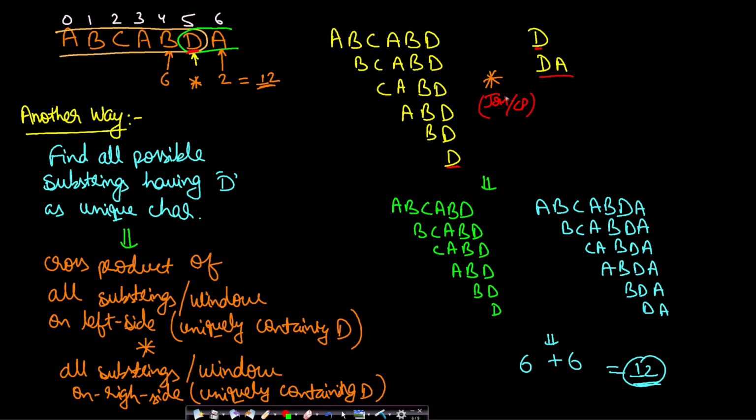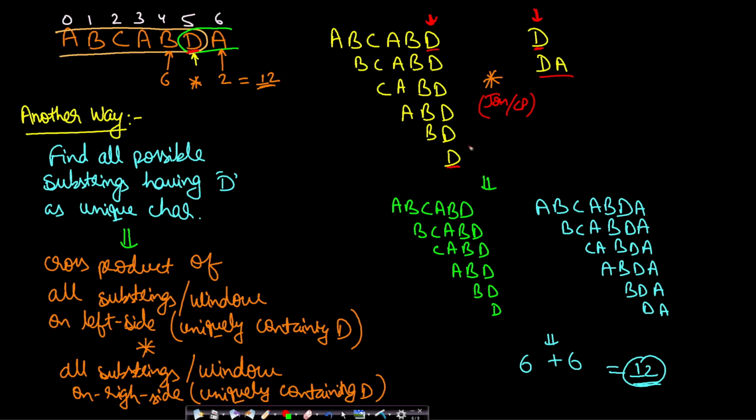And in this operation, this last column and the first column are the same element. So if you have seen the join operation on a table using a column, we do not repeat that column. So in this case as well, when we take the cross product or a join operation, this D, when it is joined with this D, it will not be repeated but only be written once, because this is the common key.